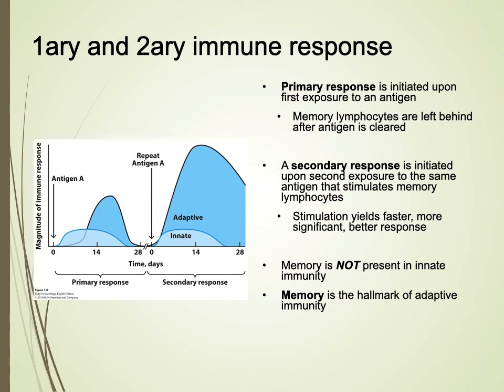And then if we get a secondary exposure, a repeat exposure to the same antigen, that adaptive response comes quicker, and this is because we actually have memory.